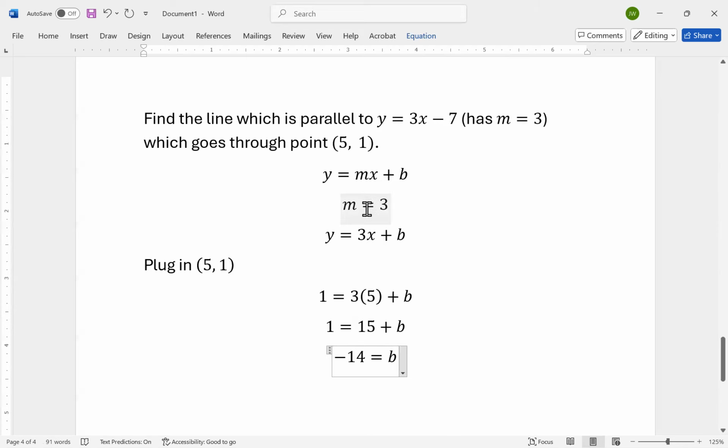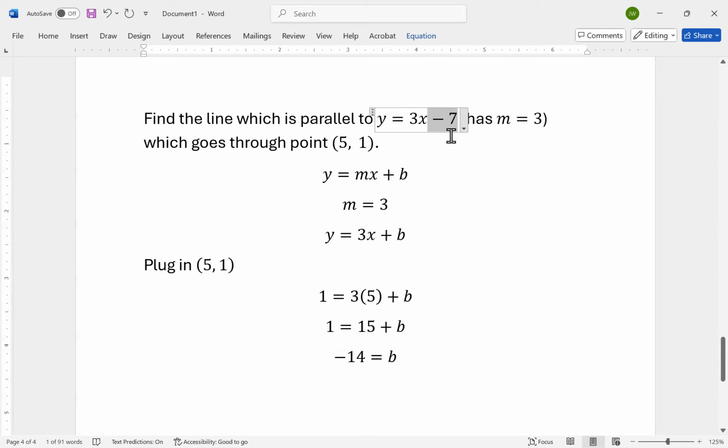So I found the slope using the fact that our line is parallel to this one, and then I found the b by plugging in my point, as always. Notice that I did not use the -7 part of this line.